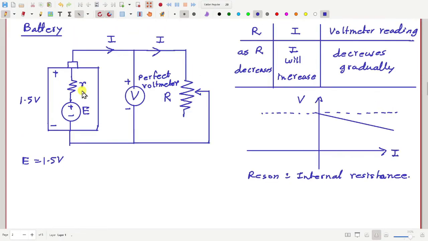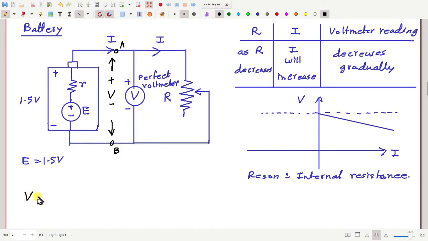And now if I call A and B these terminals, then this voltage from A to B, how much is V as a function of the current I?